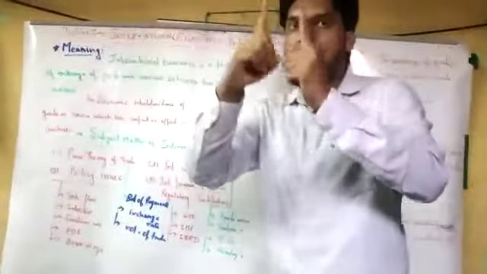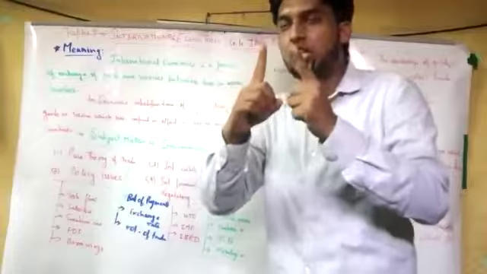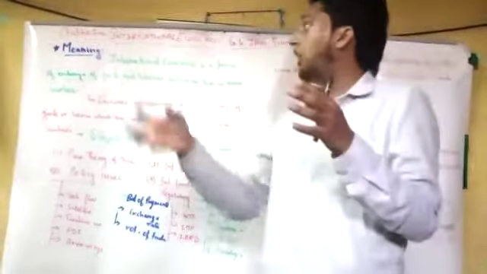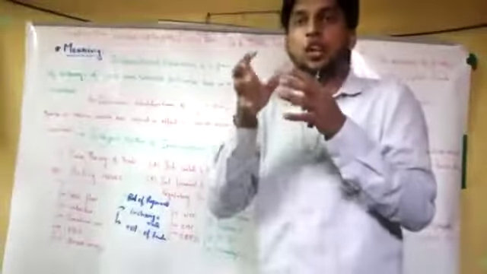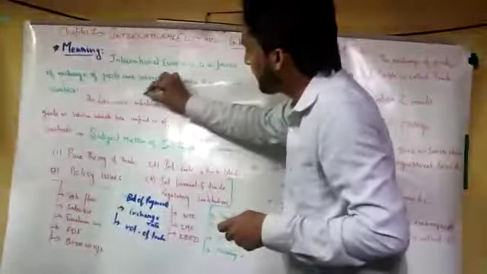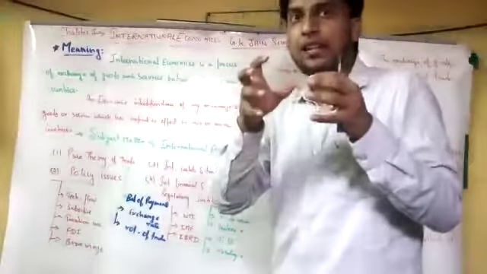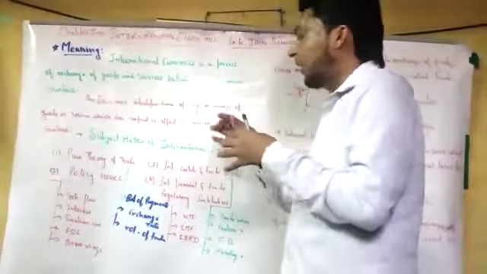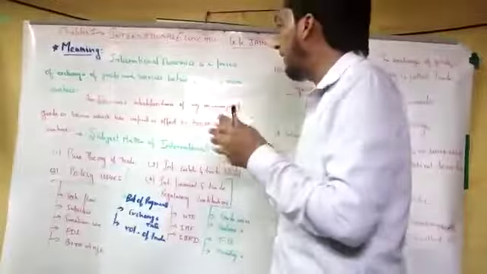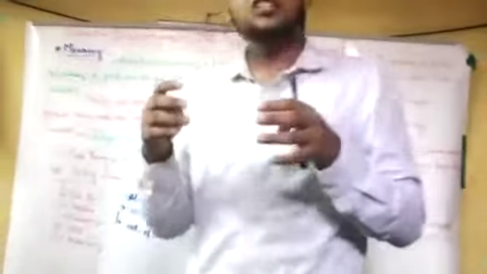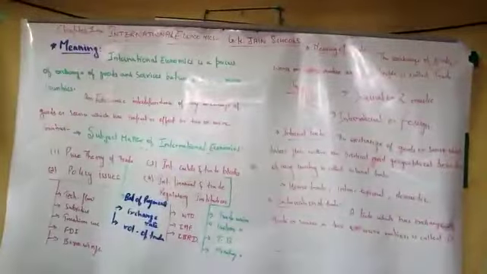When the two countries are ready to make an exchange of goods and services, then only will international economics take place. That's what it says, an economic interdependence. This is the important part. It is interrelated with one another, for the exchange of goods and services.